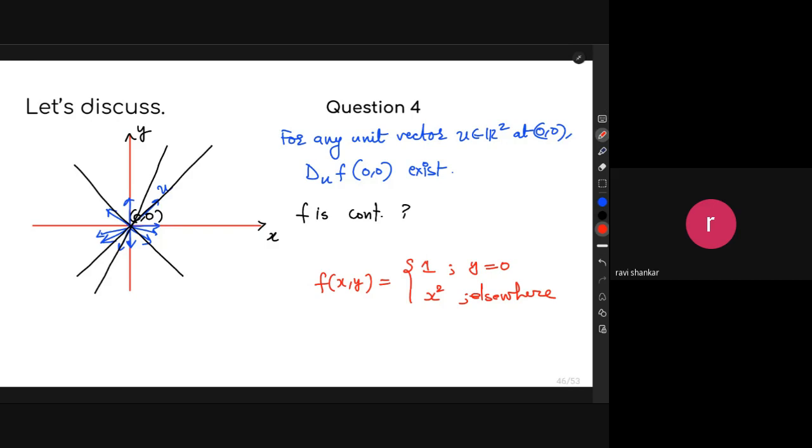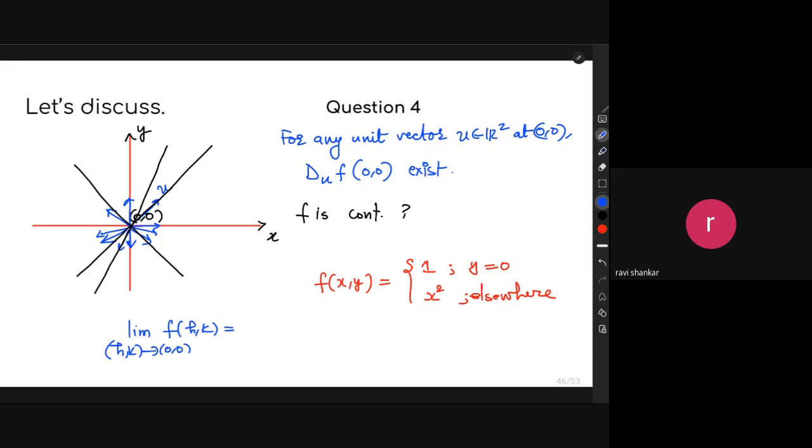First of all, let us check for continuity. Is it continuous at 0 0? The limit as (h,k) tends to (0,0) of f(h,k), will it be equal to 1?